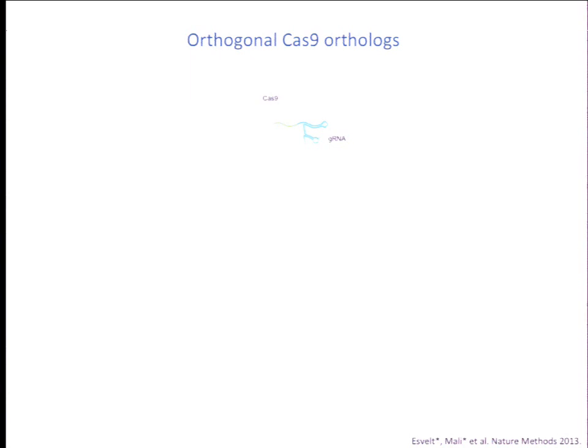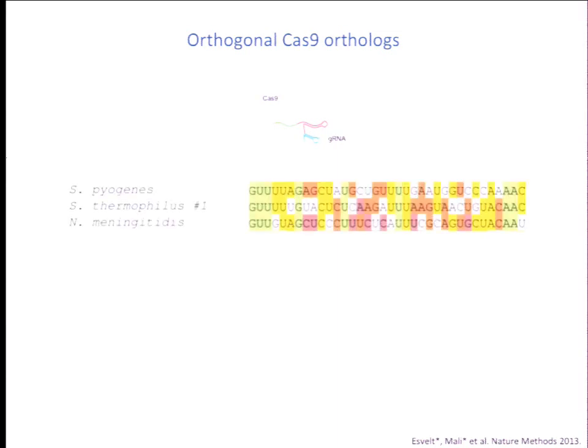So how does one go about finding orthogonal Cas9 orthologs? If you look at the Cas9 guide RNA complex, the ability to form this complex is in large part determined by the sequence in this hairpin, which is identified in red. So could one look in the literature and find Cas9s that were highly divergent in this sequence? That was our approach to identifying orthogonal Cas9 orthologs.